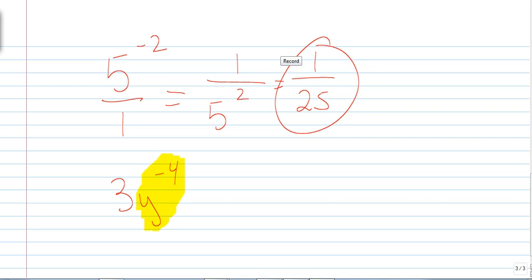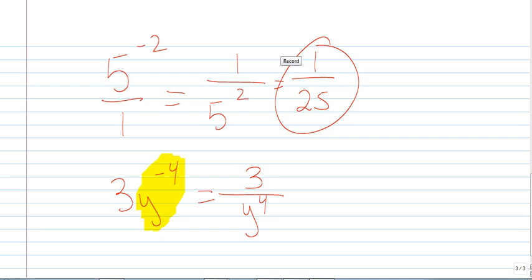Remember, I told you that 3 is the coefficient. So the y to the negative 4 is on the top, and it needs to go to the bottom. The 3 stays on the top, and your y to the 4 is what's going to go on the bottom. So you got to make sure you pay attention to what is negative. You only can move the negative exponents.